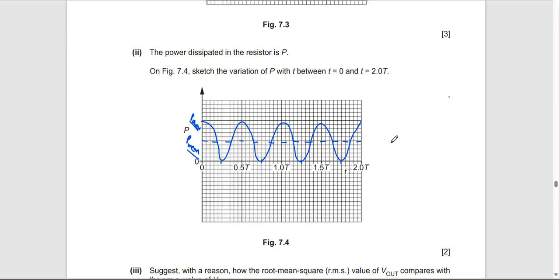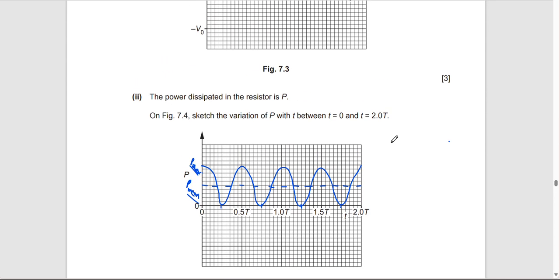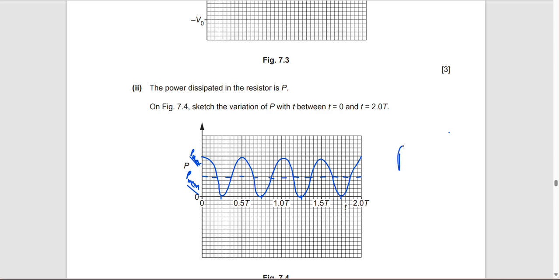Alright, so we know that the power is going to be equal to I max and V max, right? That is what the power is going to be equal to.